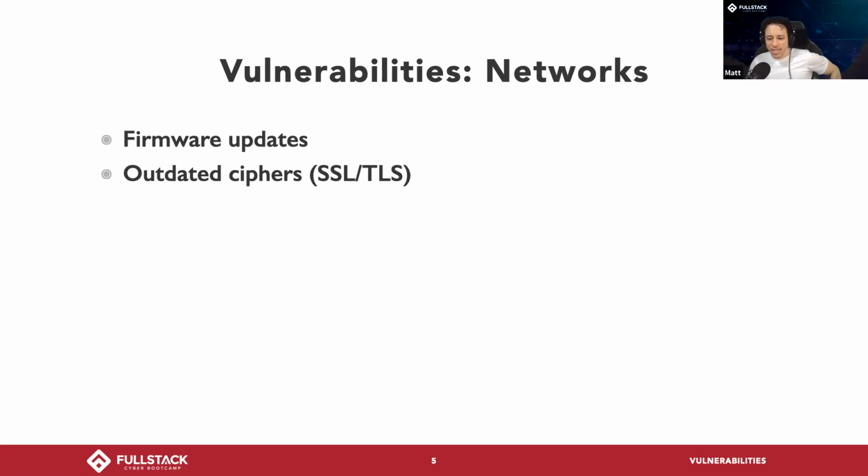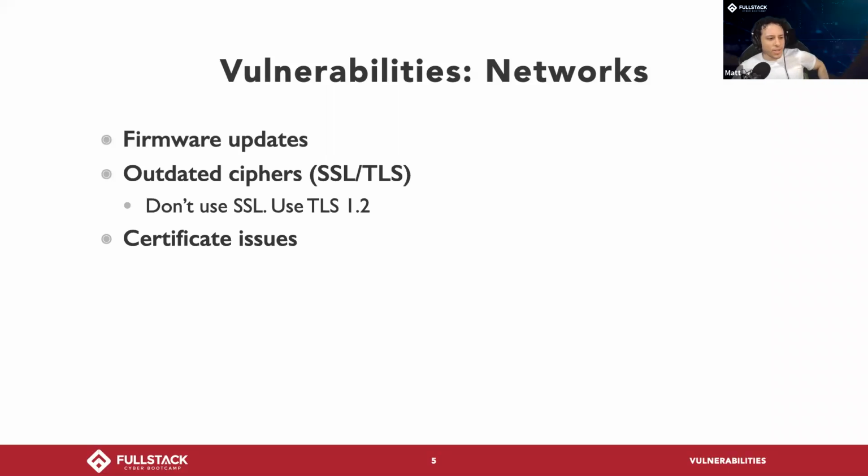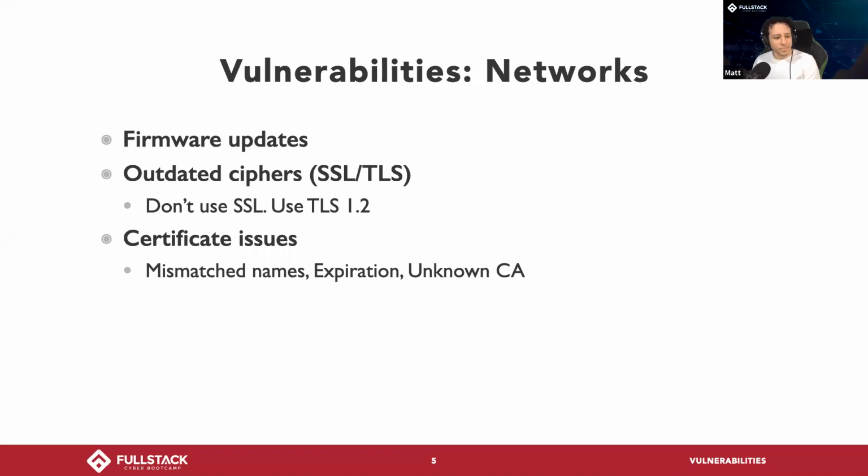So don't use SSL. You should be using TLS 1.2. Oh, wow, that's actually there. Certificate issues, right? Mismatched names, some of them expired, unknown certificate authority. These are all vulnerabilities on the network. Every time you're on one of those websites, it's popping those up with unknown certificate authorities.